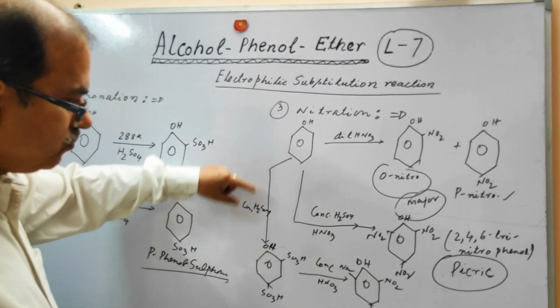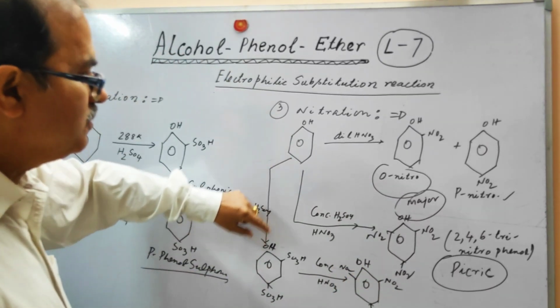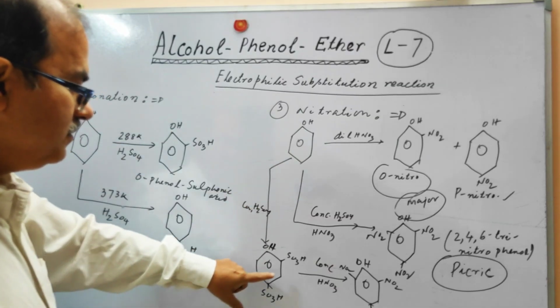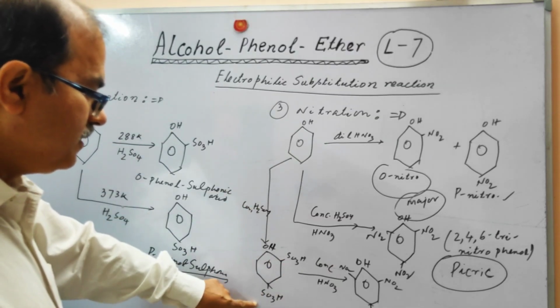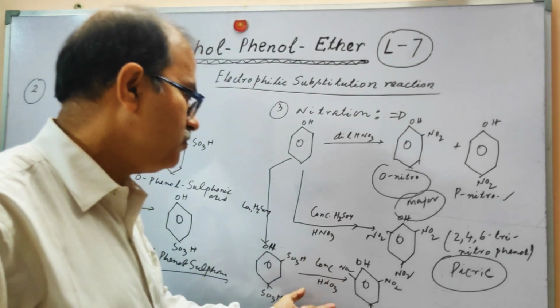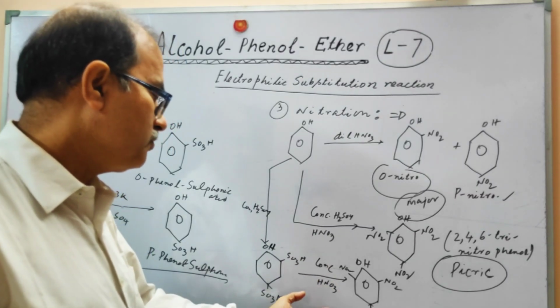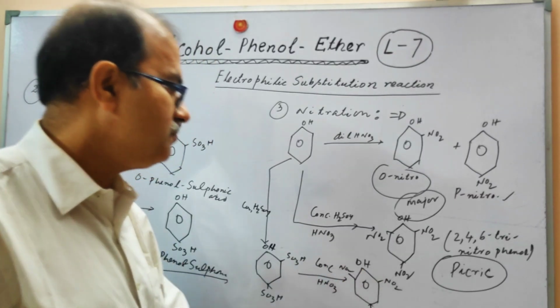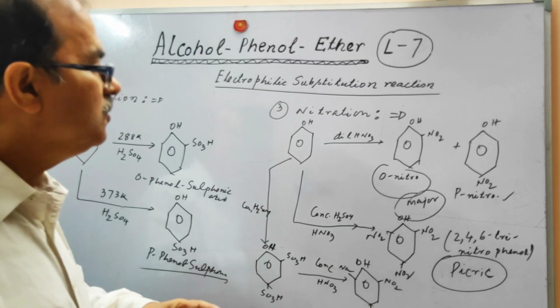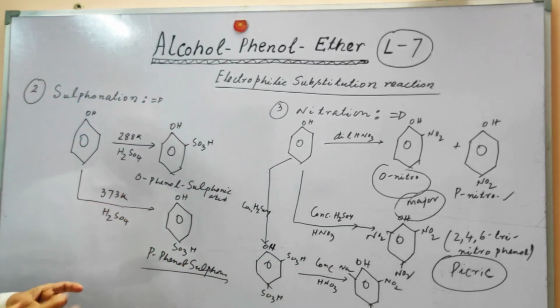So first we use concentrated H2SO4, and in this case this product will be there, and after this, with concentrated HNO3 you can produce picric acid. So this is the nitration.